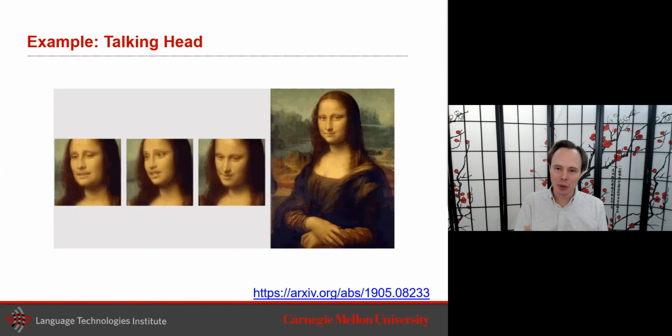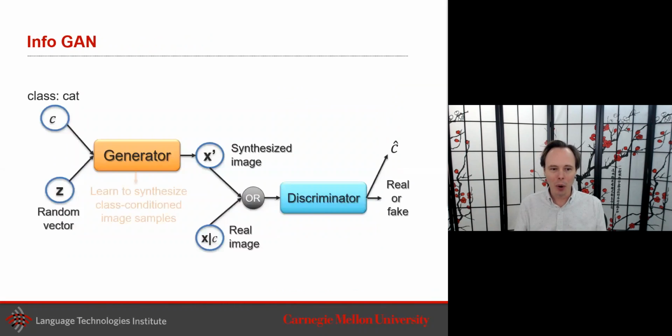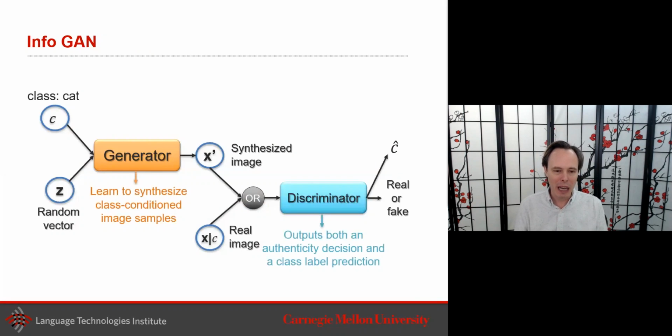Using that source image, the condition, and then the random vector, you can generate images, in this case generating the faces, the talking head. And one of these types of architecture for that is the InfoGAN as an example.